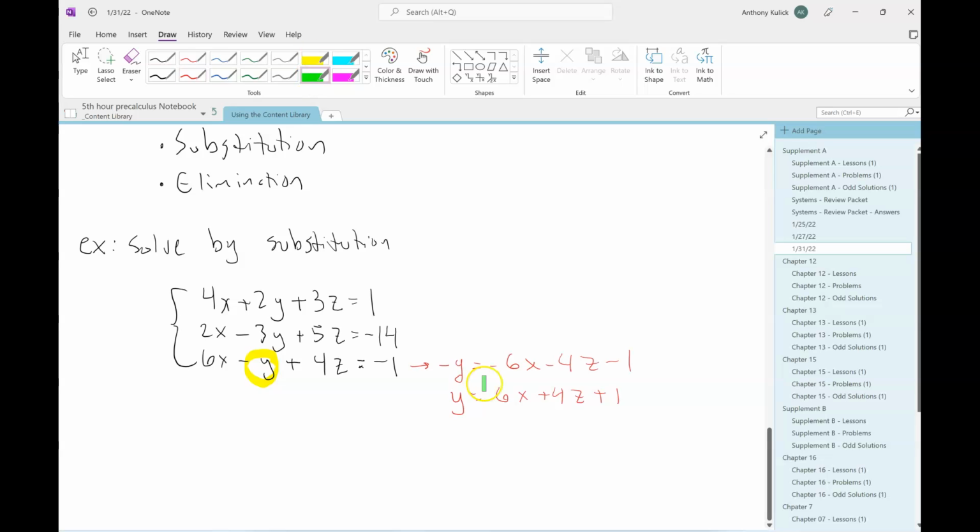Now that y is by itself, I'm going to take what y equals and substitute it into the y's in the other two equations. So everything else is going to stay the same, except in place of y, I'm going to write 6x plus 4z plus 1.